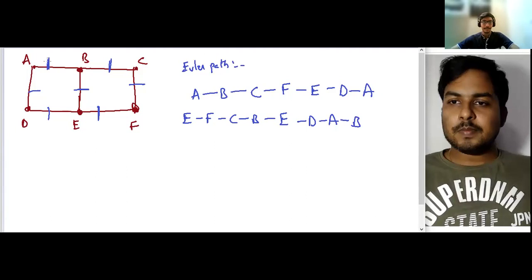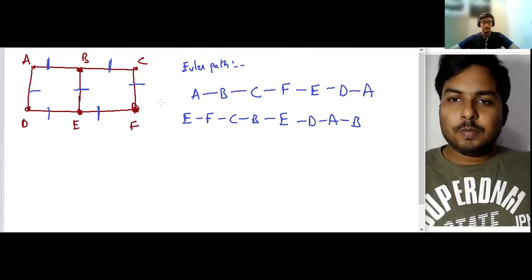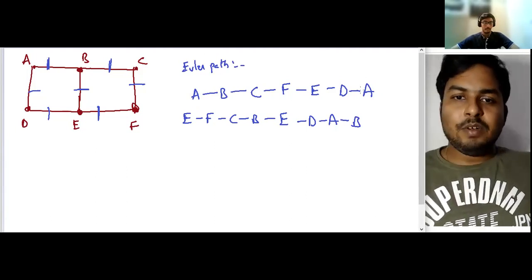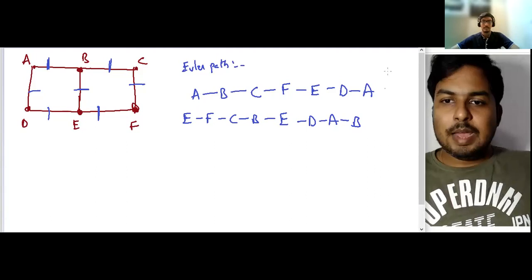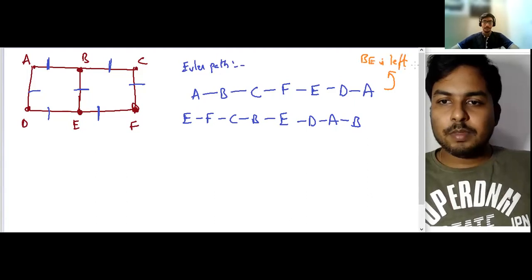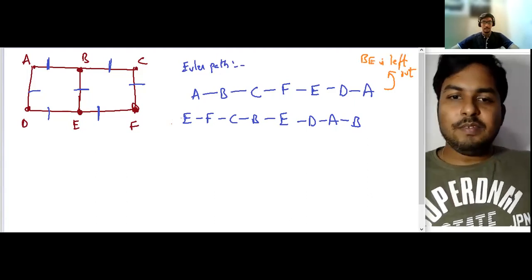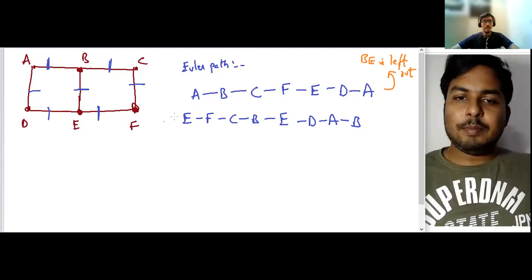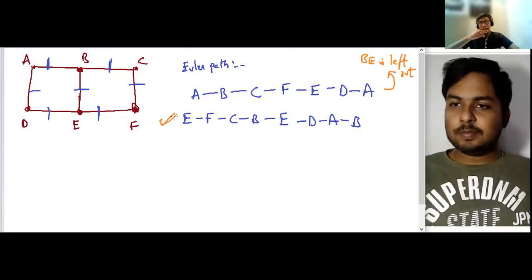Yes, sir. So when I'm starting from vertex A, I'm left out with BE. Whereas when I'm starting with E, then I'm able to cover all the edges exactly once.